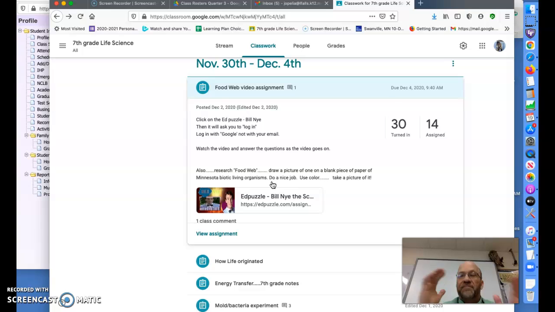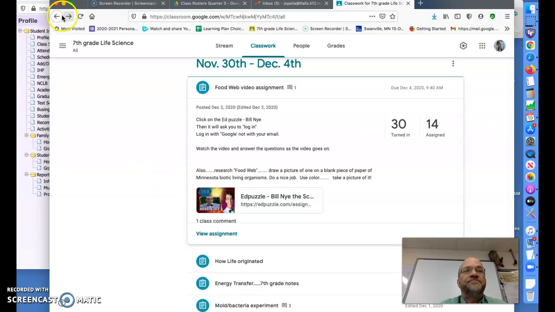You're going to draw a picture of some animals and how one animal eats this, and then this eats this, and so on, until it circles back around. The food web showing how other animals interact with each other. So this one, if you have not finished it, needs to be in for a particular standard. So make sure you get that one done.